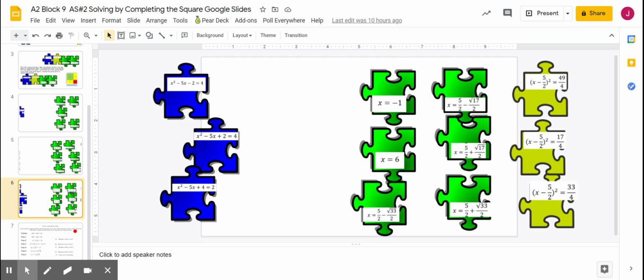So half of 9, and then I'm going to square it. Now I'm going to keep it as a fraction, because I can't take half of 9 nicely, like half of 8 or half of 10. So half of 9 is 9 halves, and when I square it, I get 81 over 4.